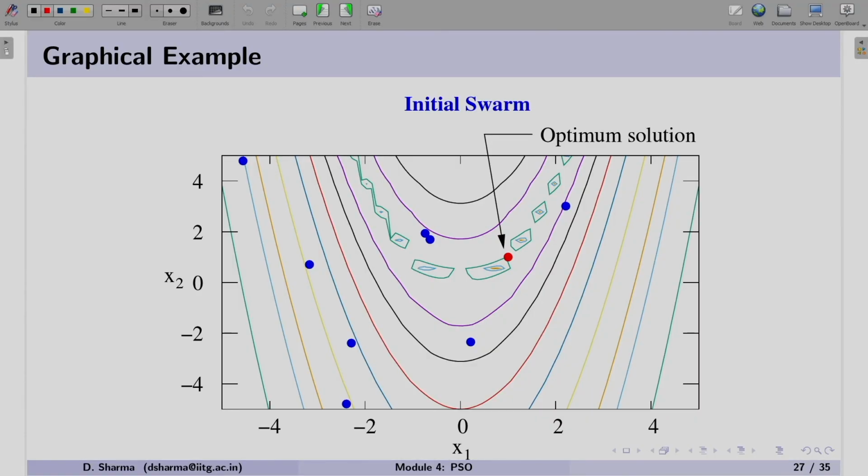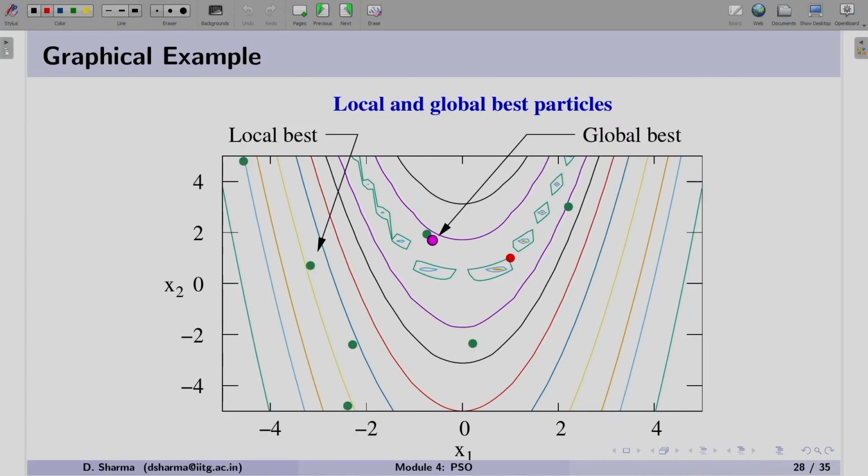As you can see, the red dot is our optimum solution, and the solutions shown in blue color are distributed randomly in a plane of x1 and x2, and the contours of the function are also shown here. Now, once we have started with the random swarm, we have to find the local and global best. As we know, this is iteration or generation number 1.